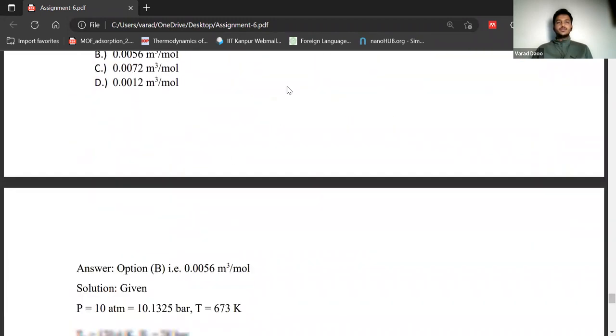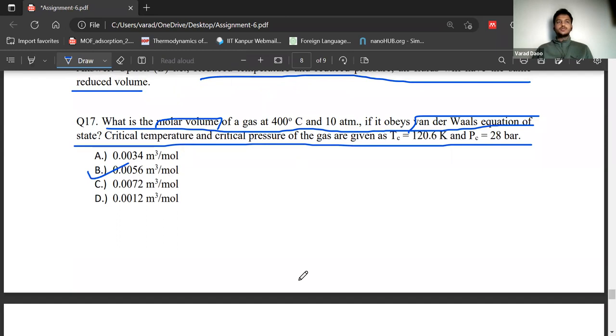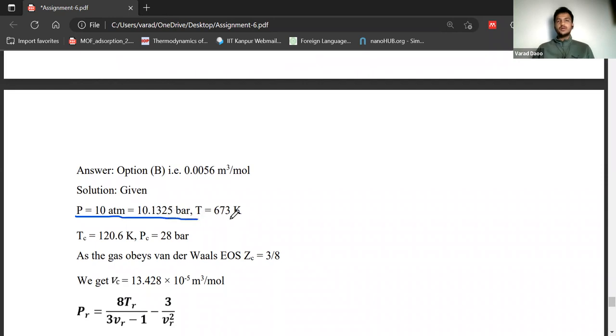So the correct answer is option B, right? Correct answer is option B. So what we are given is pressure at 10 atmosphere, which is nothing but 10.1325 bar, and temperature is 673 Kelvin. Critical temperature has been given as this. And critical pressure has been given as this.